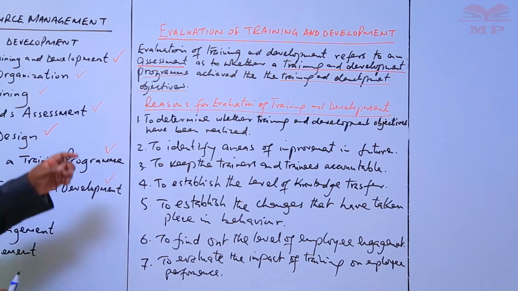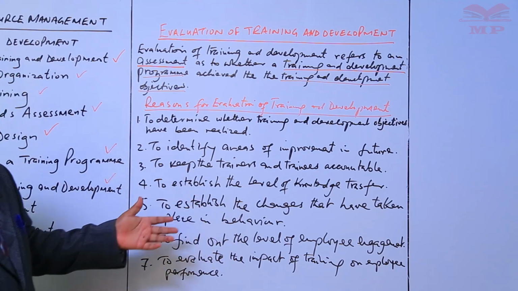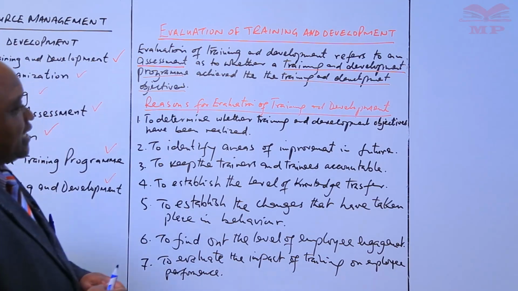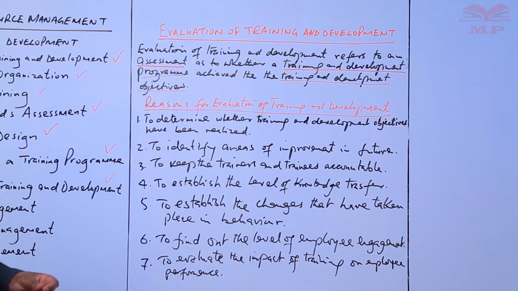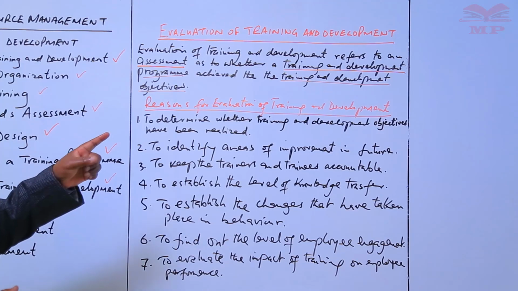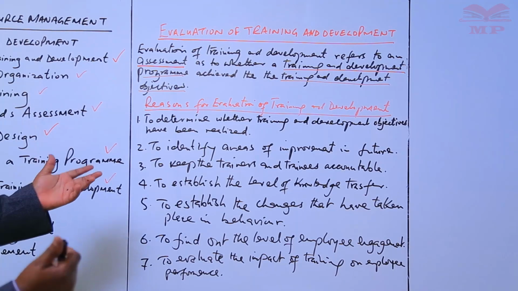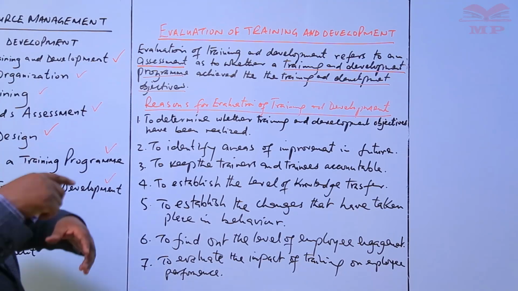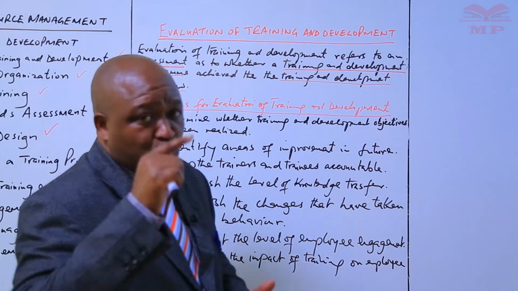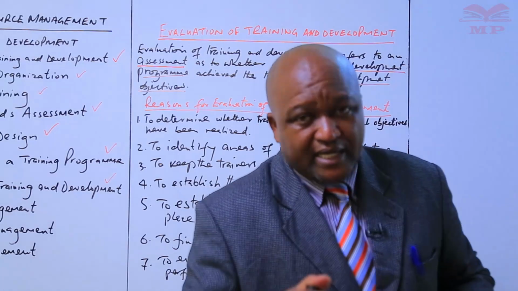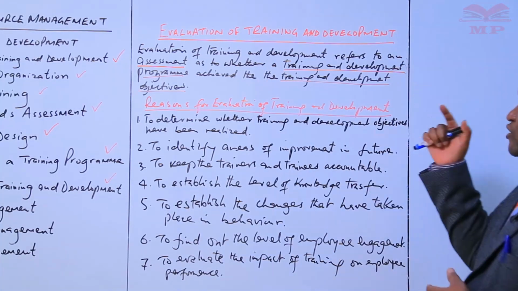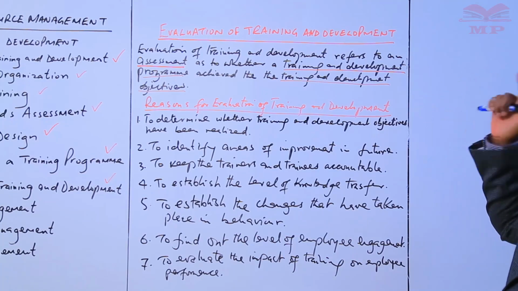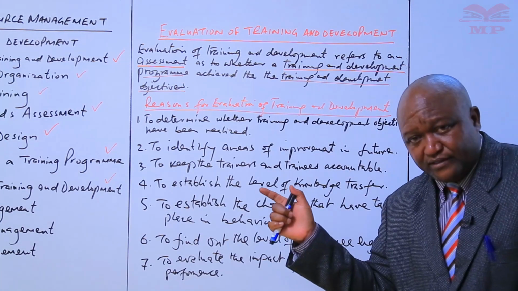So dear learner, reasons for evaluation of training, there could be many reasons, and these ones are just some of the reasons that can be put forward for evaluation of training and development. And what we are saying, learner, is that evaluation of training and development is the assessment as to whether a training and development program has achieved the training and development objectives.